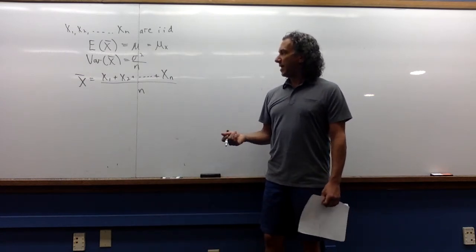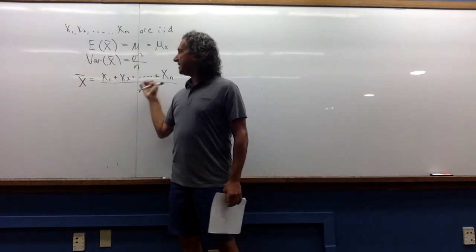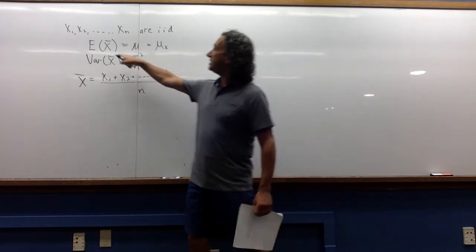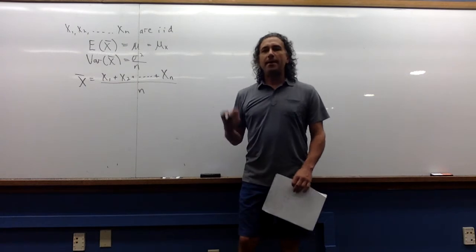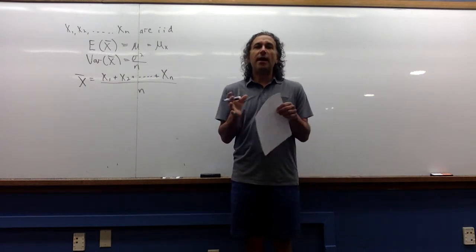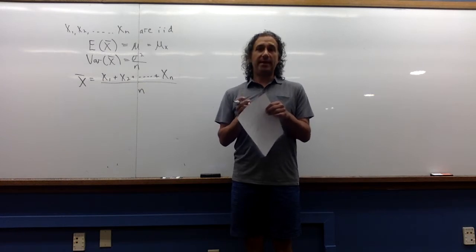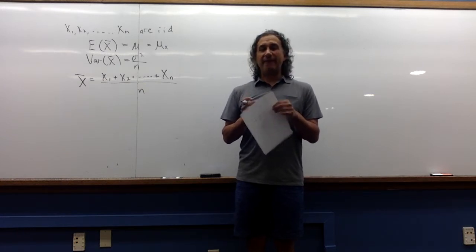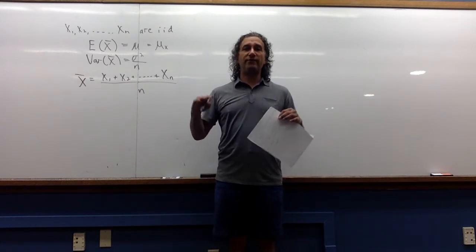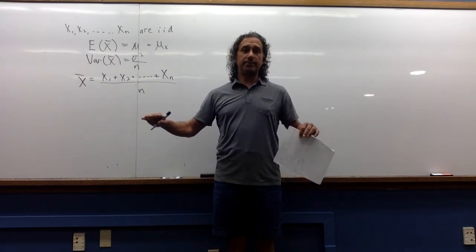Well, if you think about it, since this is an average, and we know it's centered at mu, then most of the values of x bar's distribution should be clumped around the mean. And as we get further and further away from the mean, we should have fewer and fewer x bars.